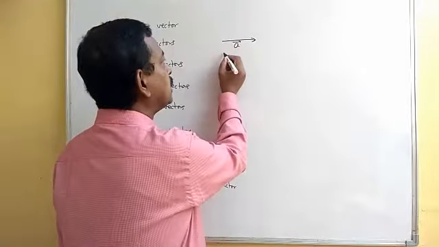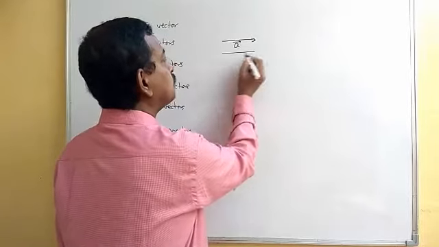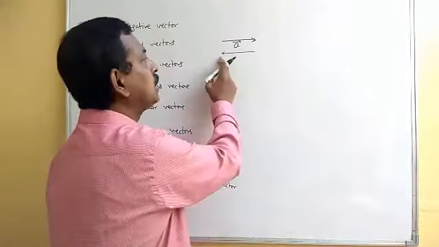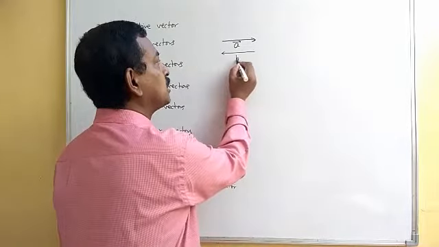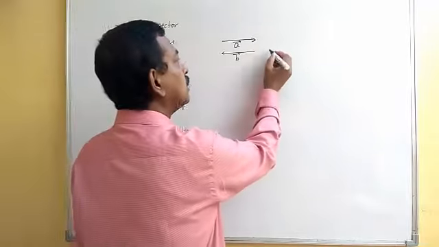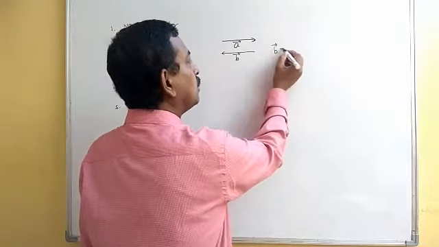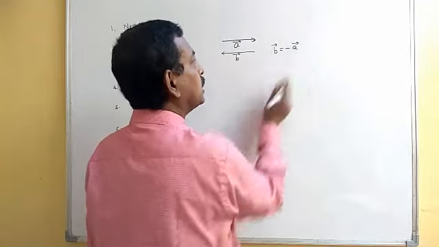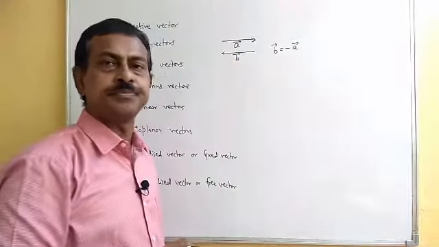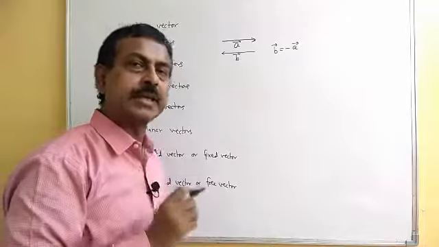So another vector of same magnitude but in opposite direction, this will be representing the negative vector. Suppose I call it as the vector B. So this vector B will be minus vector A. That means it is basically negative vector of A. So this is the negative vector.